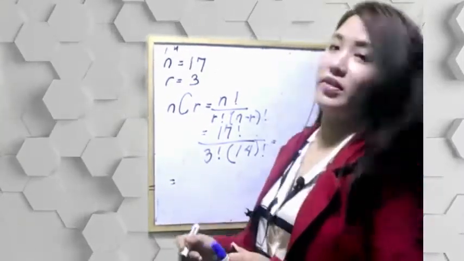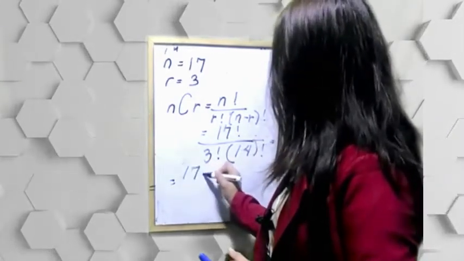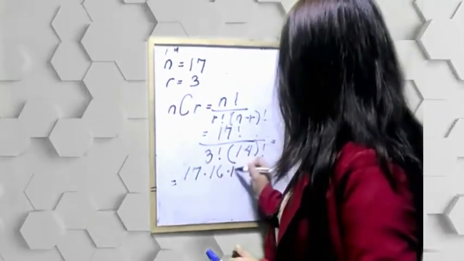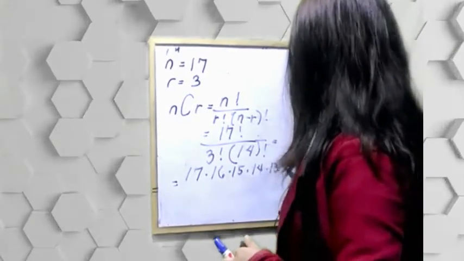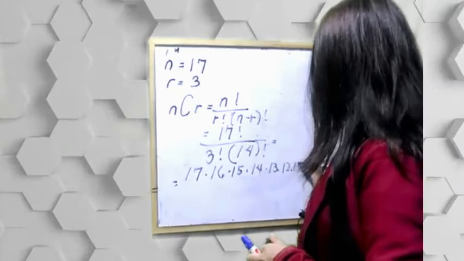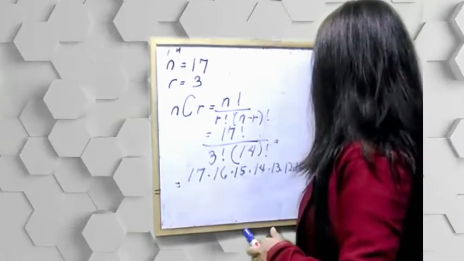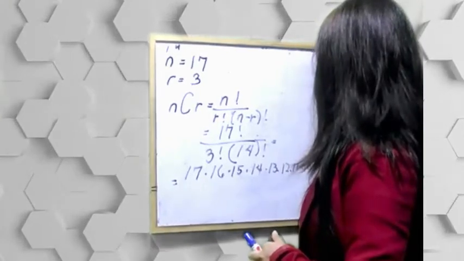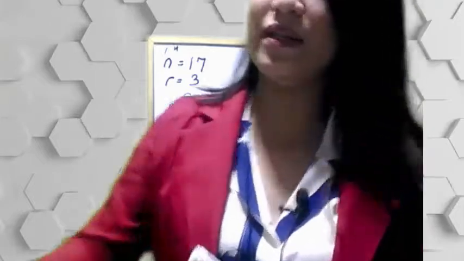I need to upgrade my whiteboard. So 17 times 16 times 15 times 14 times 13 times 12 times 11 times 10 times 9 times 8, 7, 6, 5, 4. I don't fit on my whiteboard.